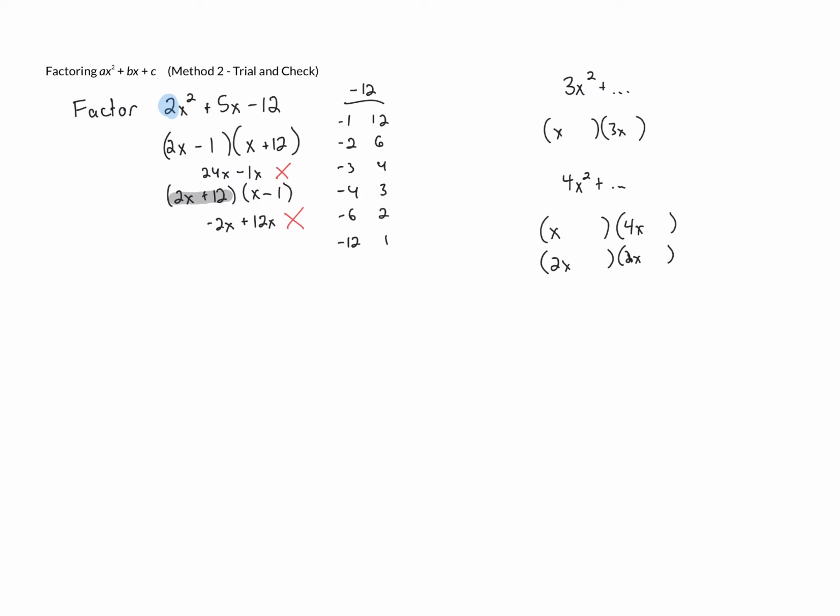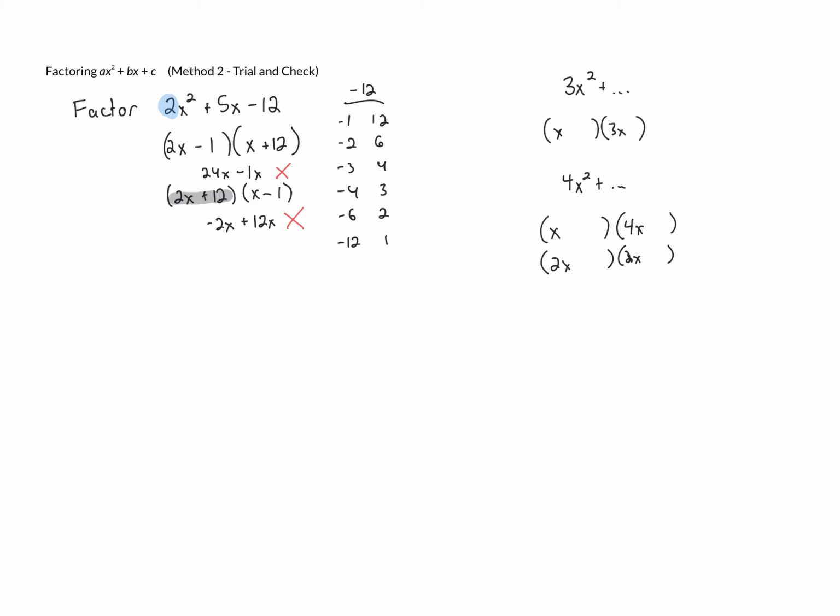The reason is that in 2x plus 12, there's a GCF here that we can pull out. And since there was no GCF in the original polynomial, we can't have any factors that have a GCF that could be pulled out. So that eliminates more or less half of the possibilities, because a lot of these would pair something that's divisible by 2 with the 2x.